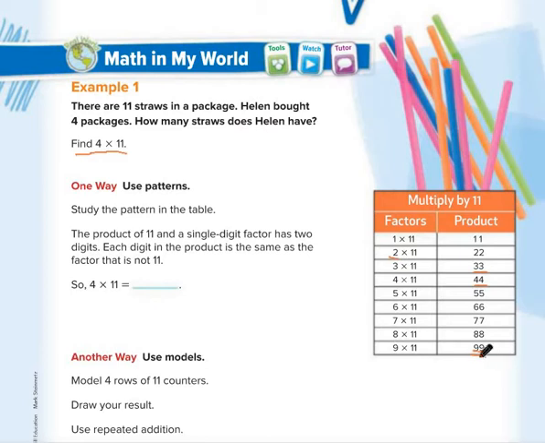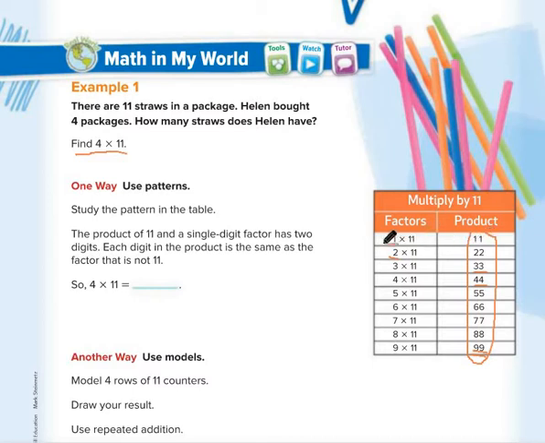Observe the pattern. What do you notice? Yes, the products of 11 and a single digit factor like 1, 2, 3 through 9 have 2 digits. These multiples have 2 digits. Each digit in the product is the same as the factor that is not 11.